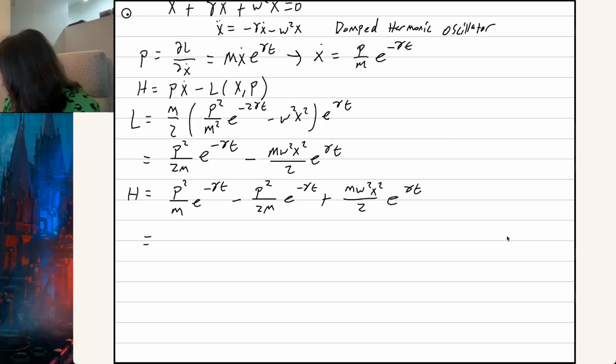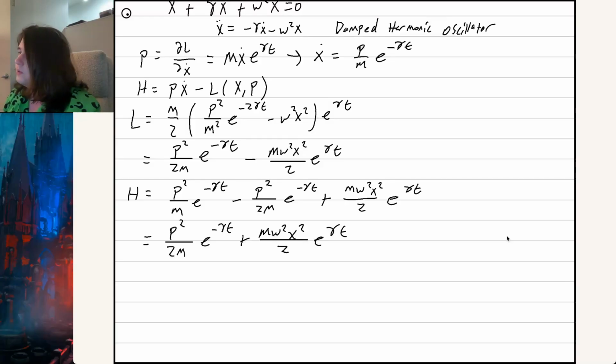We'll just collect those like terms until we have something that looks very much like the typical harmonic oscillator Hamiltonian, with which I am far too familiar, but just with some exponential terms, which is really weird.